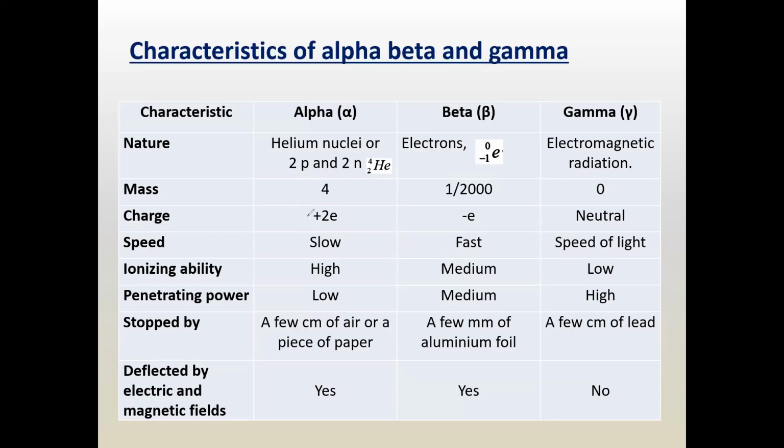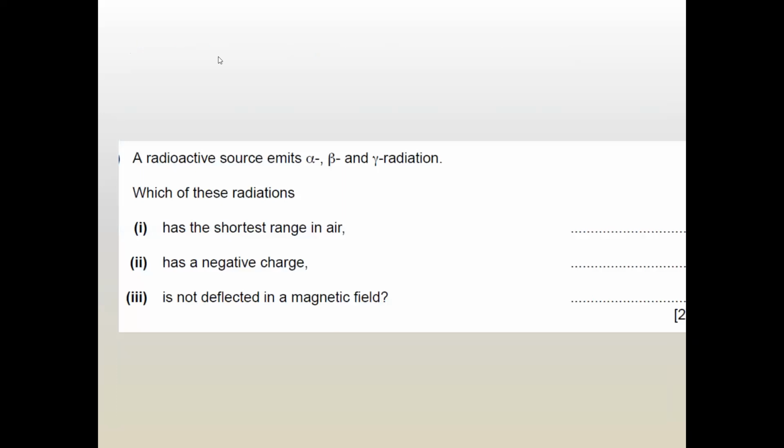Short distance depends on the speed, because alpha is slow. The penetration power refers to the range or distance traveled by these radiations. Alpha is moving slow, so it cannot travel a longer distance. So the correct answer for the first one is alpha.